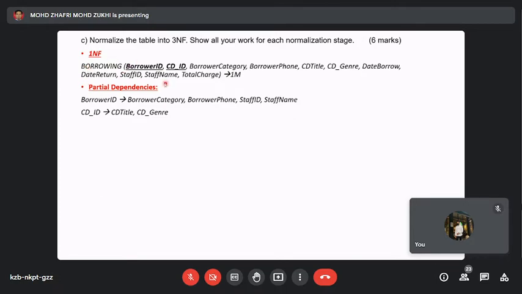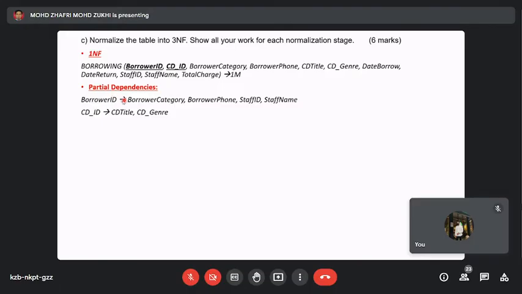Then you also need to show which are the partial dependencies. Partial dependencies, if you still remember from our normalization lecture last week, means the attributes that depend on part of the primary key. So we have primary keys borrower ID and CD ID.